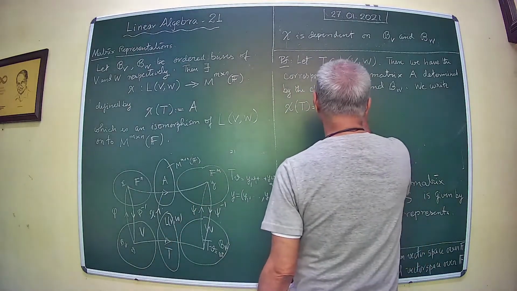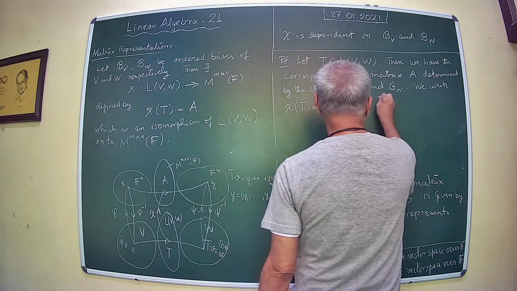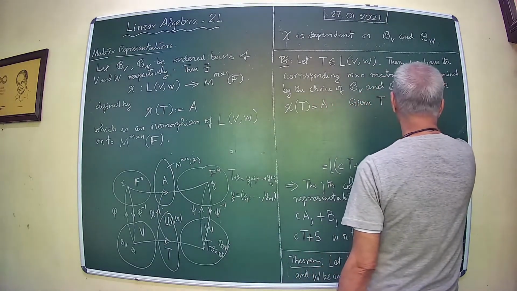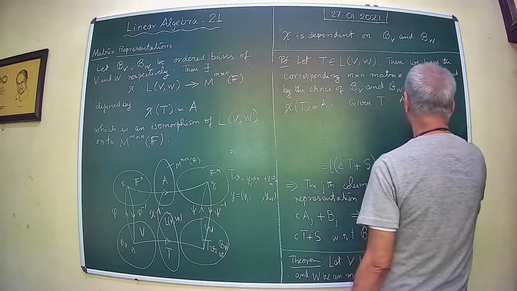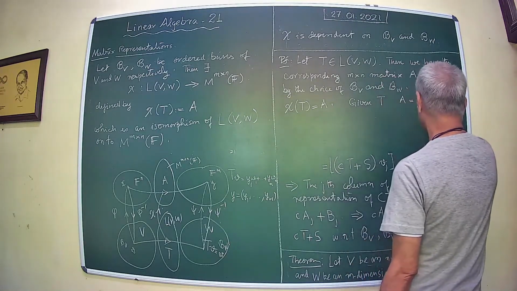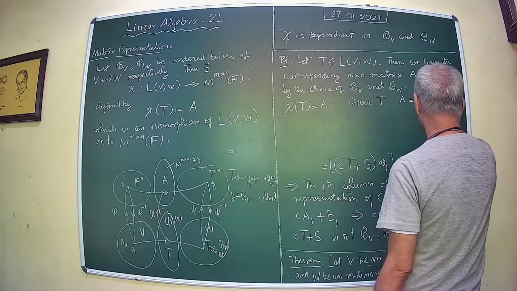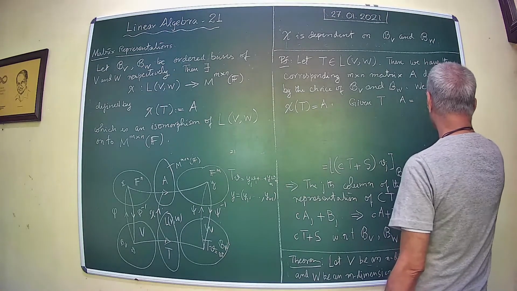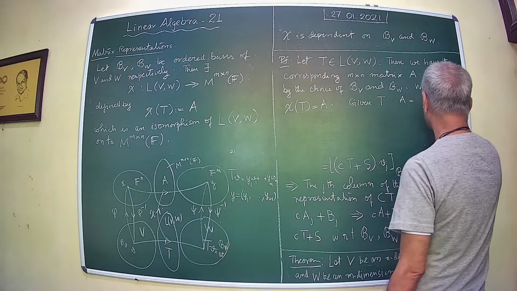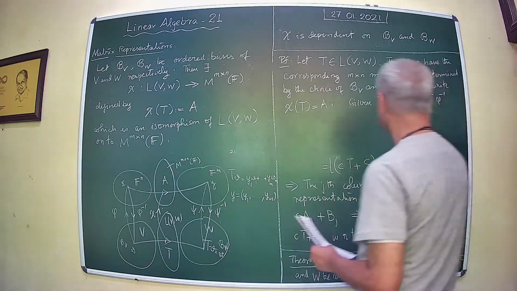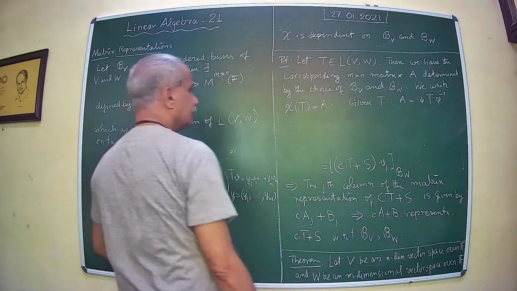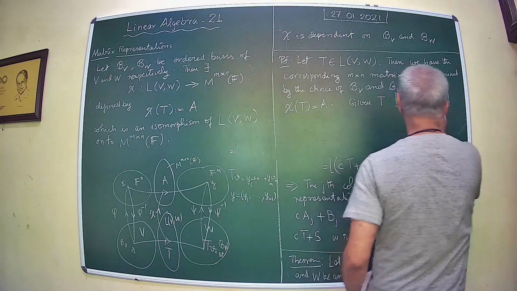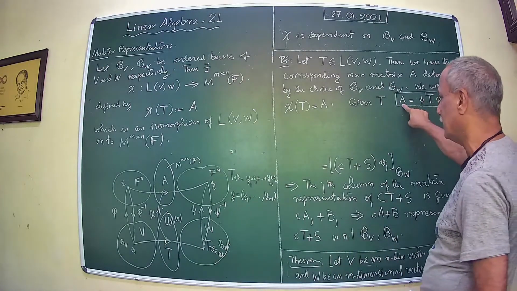So given T, A is equal to phi inverse of T set. So phi inverse of set. This is your A. Okay. And you know that if T is linear, of course A is linear.